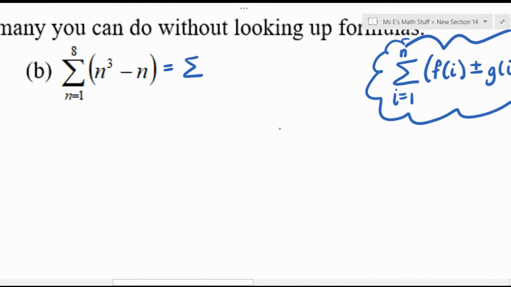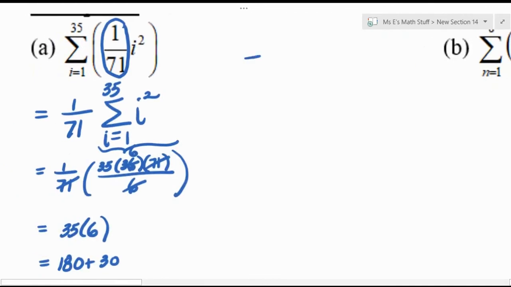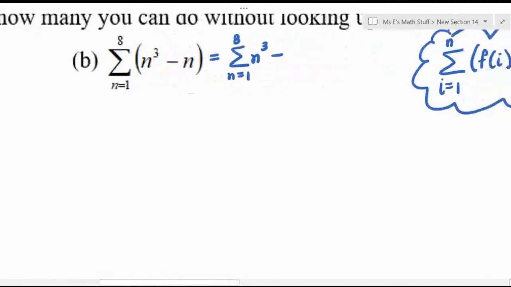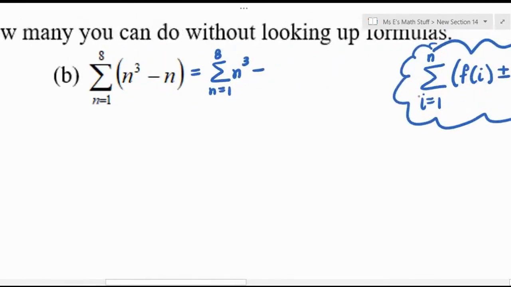So you'd be left with the sum as n goes from 1 to 8 of n cubed minus the sum as n goes from 1 to 8 of n. Then from here, we have the green light to use those properties that we have memorized up above.